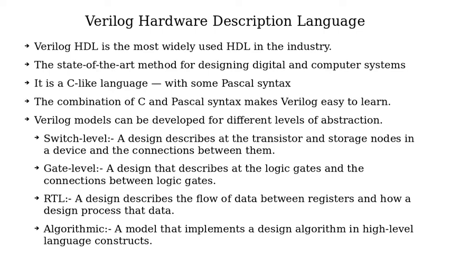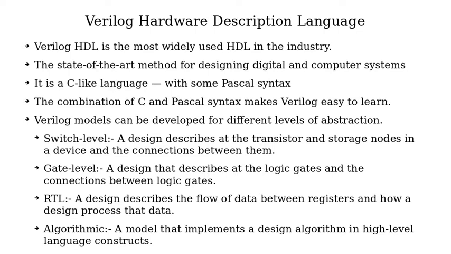Verilog models can be developed for various levels of abstraction such as switch level, gate level, RTL level and algorithmic level. Switch level: in this level, a design is described at the transistor level, storage nodes in a design and the connection between them.